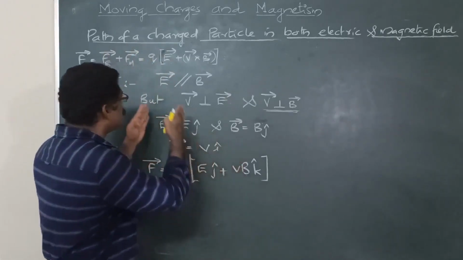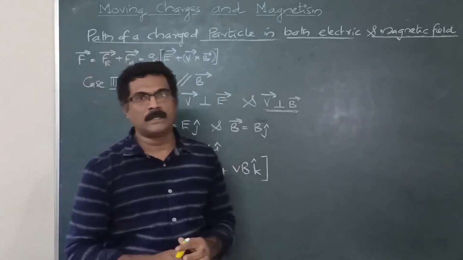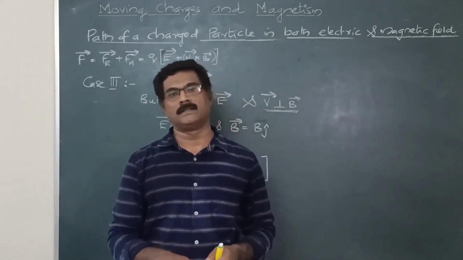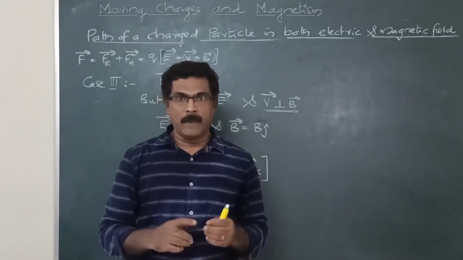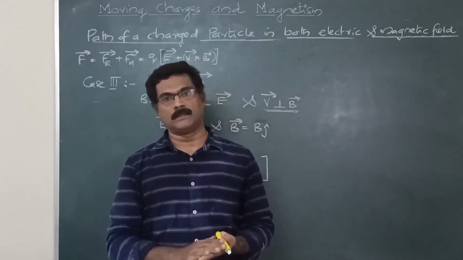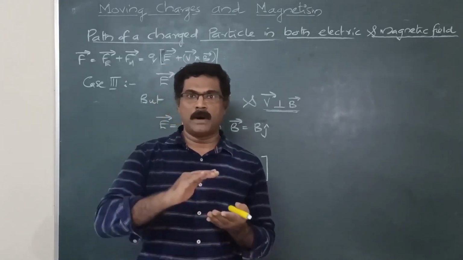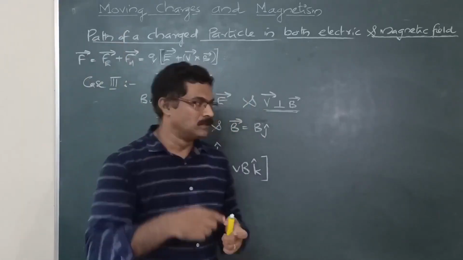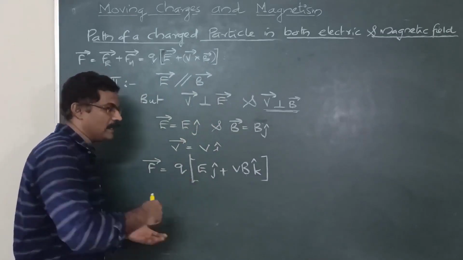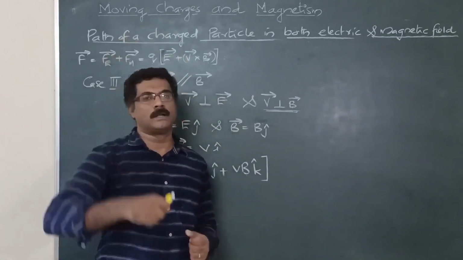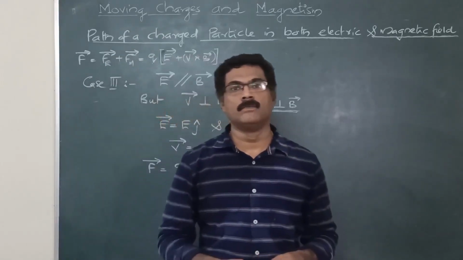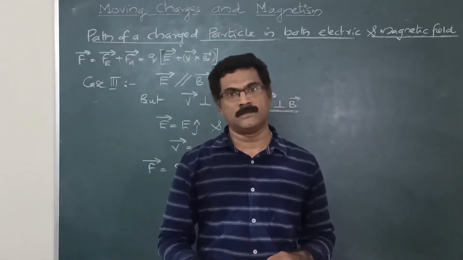So because of these two forces, the particle should describe an exact path called a helical path. Okay, but what type of helical path? A helical path with a constant pitch or increasing pitch? We know that here the electric field increases the speed of the charged particle, so the particle will describe a helical path with increase in pitch.